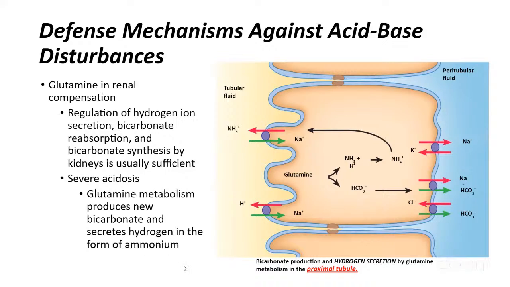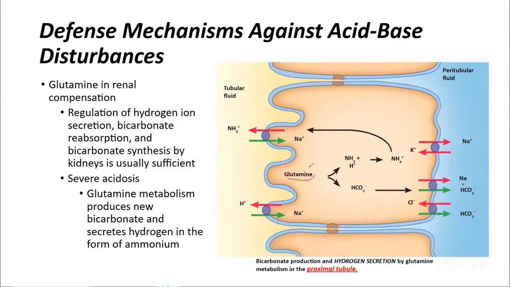All right, so here you can see that we take glutamine, and when it breaks down, one of the things it breaks down into is bicarbonate ions. The other thing it's breaking down into is ammonia. Okay. So here we're producing brand new bicarbonate ions from the glutamine. And again, we're just going to pull them into the blood.